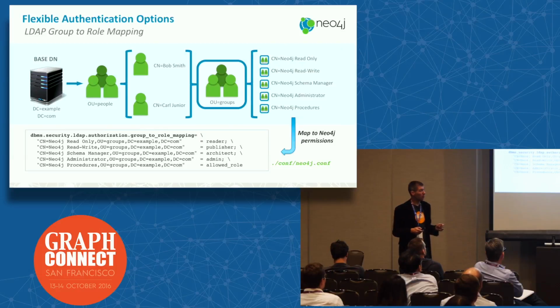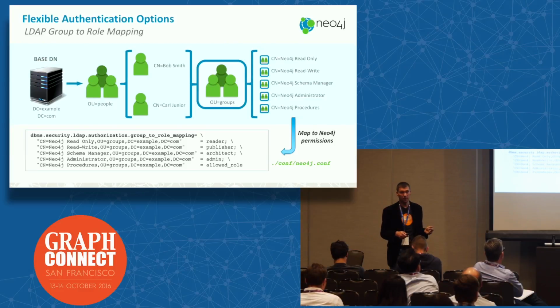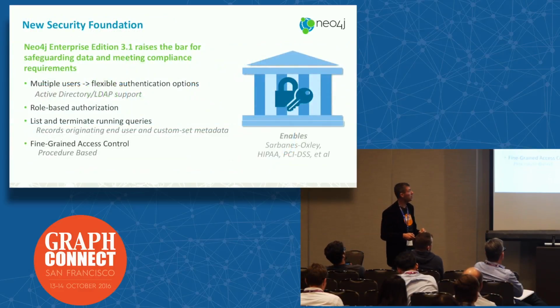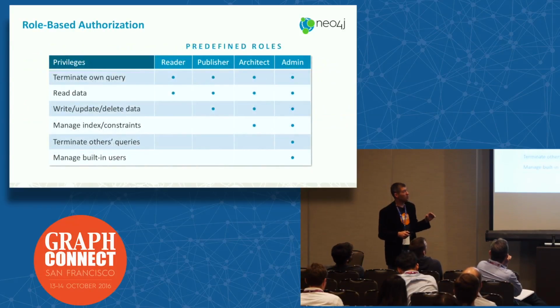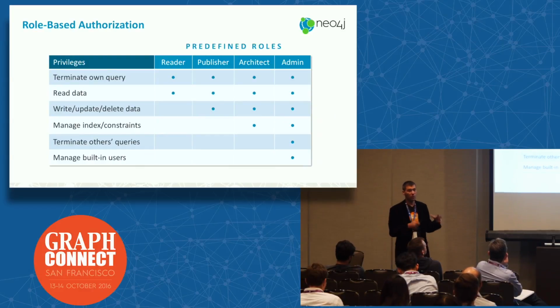So now, you're probably wondering, well, what are reader, publisher, architect, admin, all right? So now we're getting into the role-based authorization. When we built role-based authorization, we thought it would be really nice to provide four predefined roles. They are keywords.